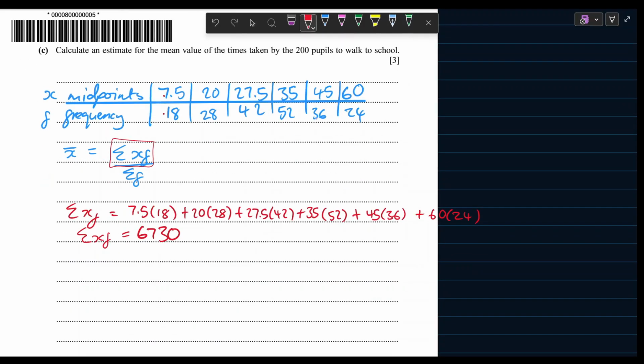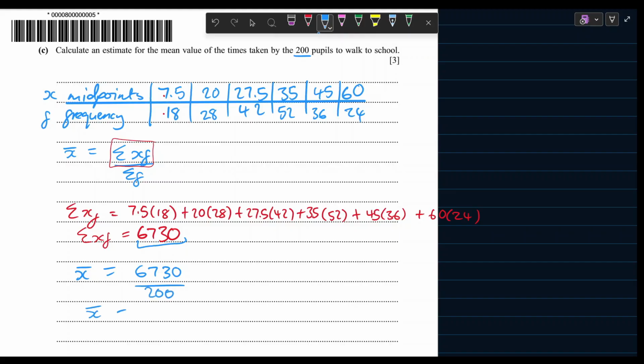All right, so this becomes x bar is equal to our summation of xf, 6,730, divided by our total frequency. Remember, we're dealing with 200 pupils, so our total frequency is 200.